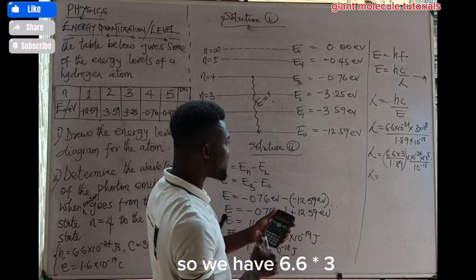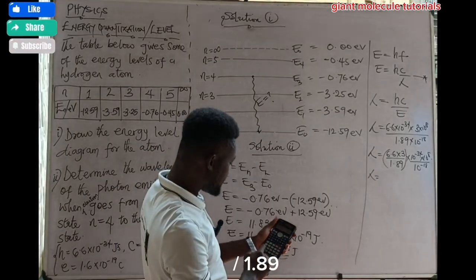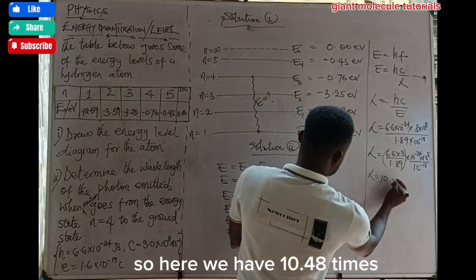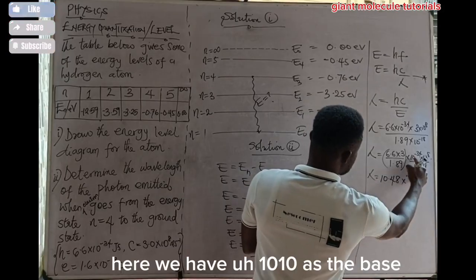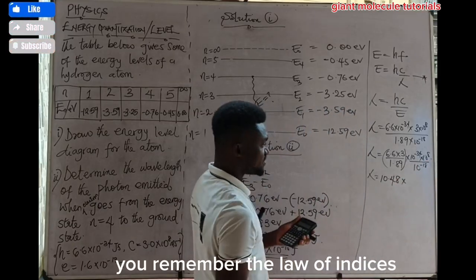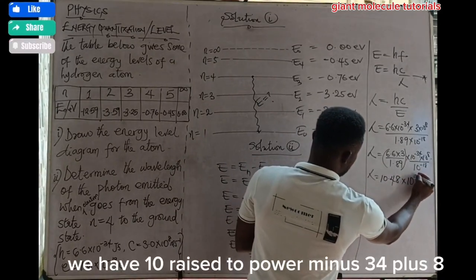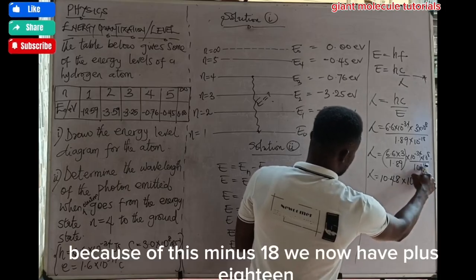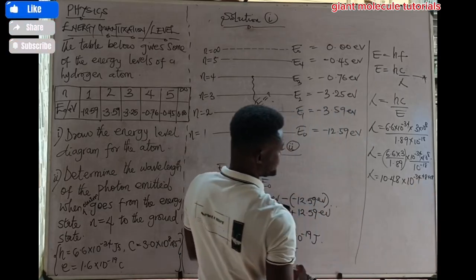So we have 6.6 times 3 divided by 1.89, which gives 10.48, times, here we have 10 as the base. You remember the law of indices. So we have 10 raised to the power minus 34 plus 8. Because of this minus 18, we now have plus 18.